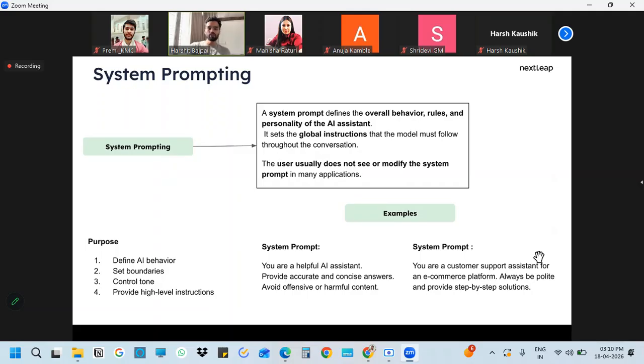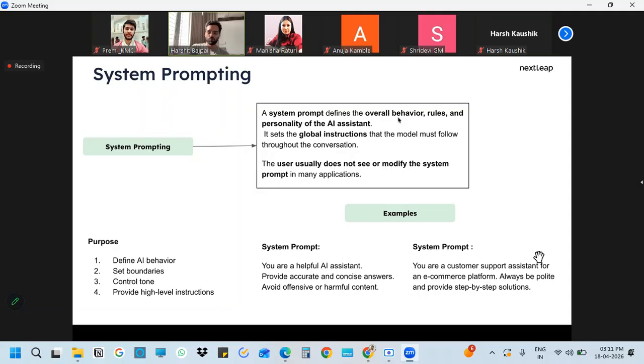So basically, you give the system a behavior, right? You tell it to control the tone, and you set the boundaries essentially. The system prompt defines the overall behavior, rules, and personality of the AI assistant. An example can be a customer support assistant.